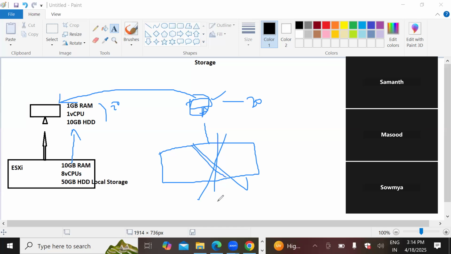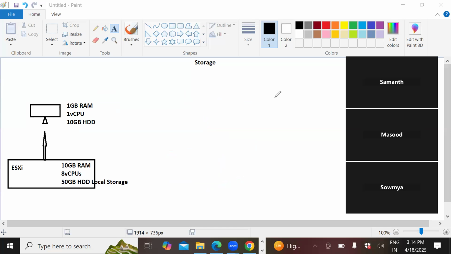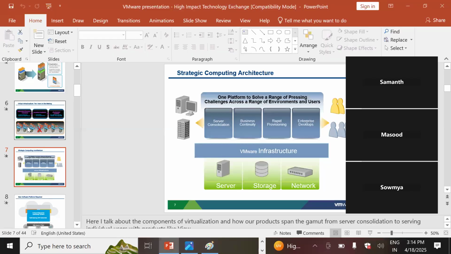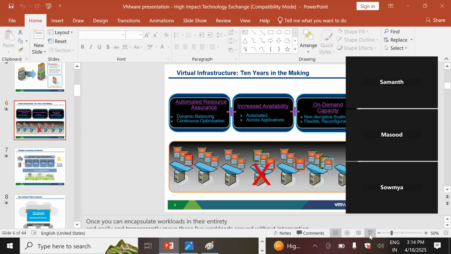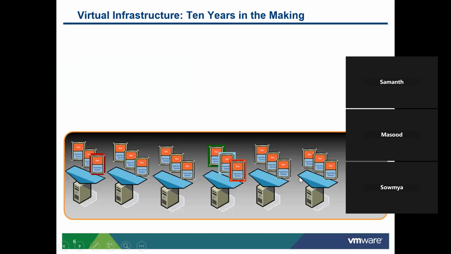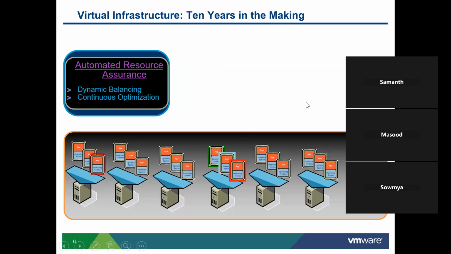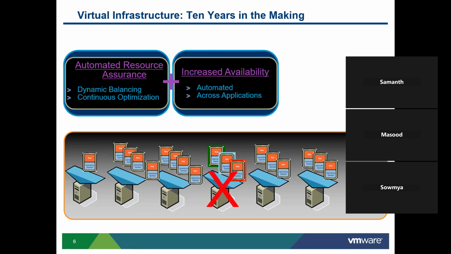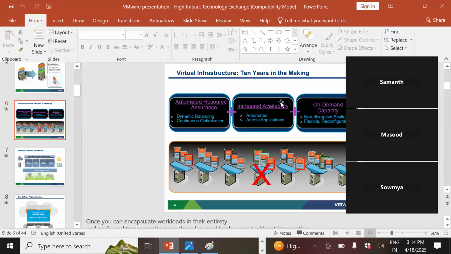Got my point? I had shown this in the PPT also. Let me show it again. See, this is the PPT, and if any one of the ESXi hosts is going to fail, those VMs will restart in another ESXi. Correct? I hope you recalled it.